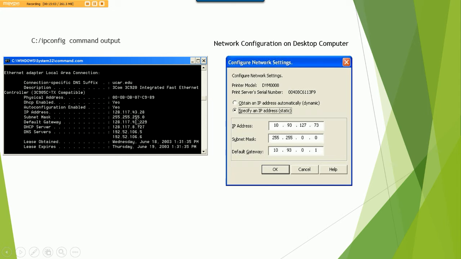So the first 24 bits have to be the same. 128.117.43 are the same. In this address of the DHCP server, the first 24 bits are not the same, because this is 128.117, but this is .8, not .43.